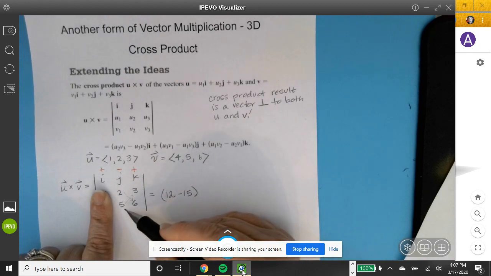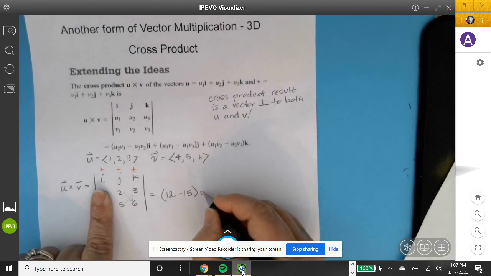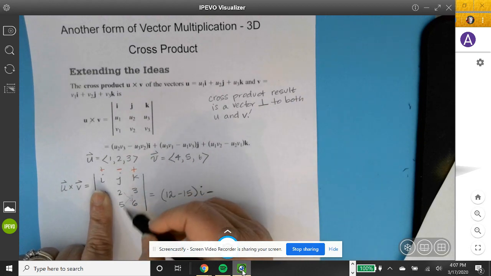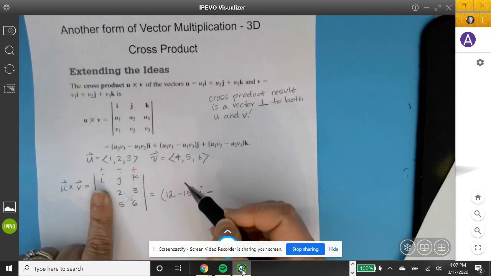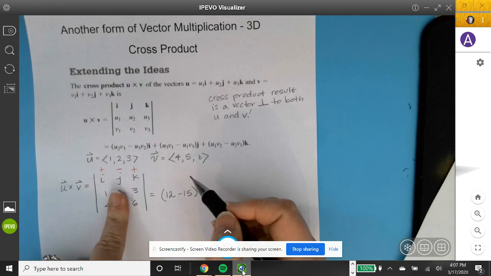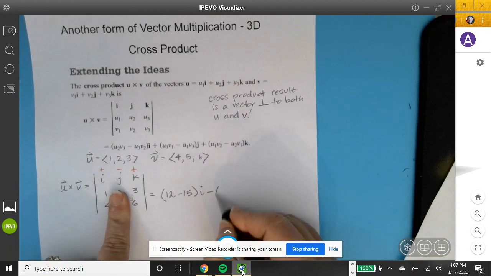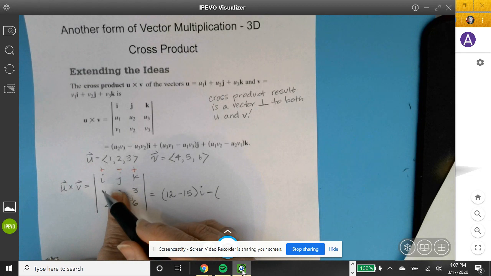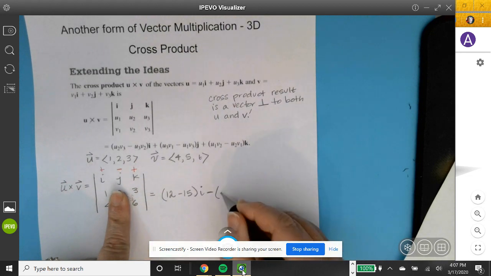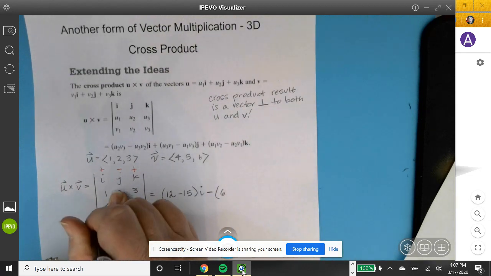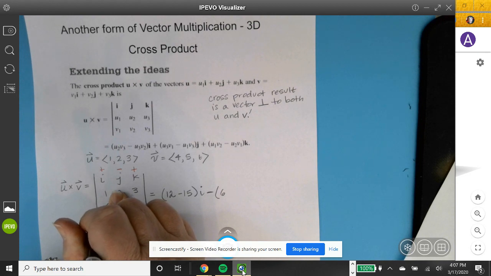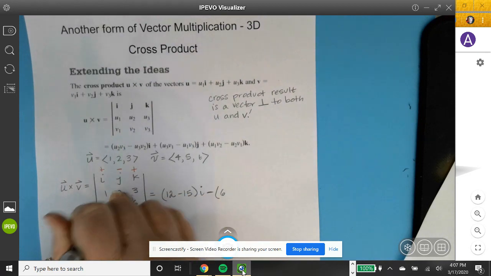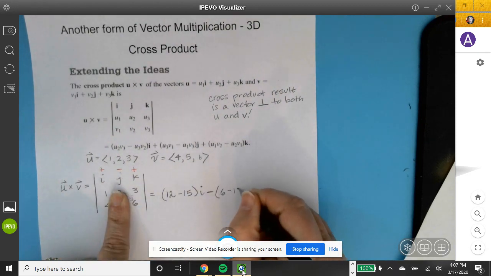So that's going to be 12 minus 15, i, minus, now why am I using minus? Because this column here is the minus column. I'm going to take my finger and cover up the minus column. And then put parentheses here, and then we're going to do the same thing. We're going to multiply down, which is 6. And then we're going to subtract the multiplication going up, which is minus 12.